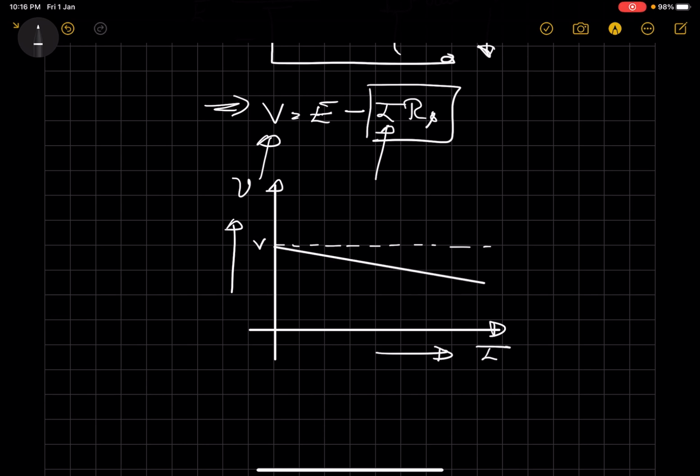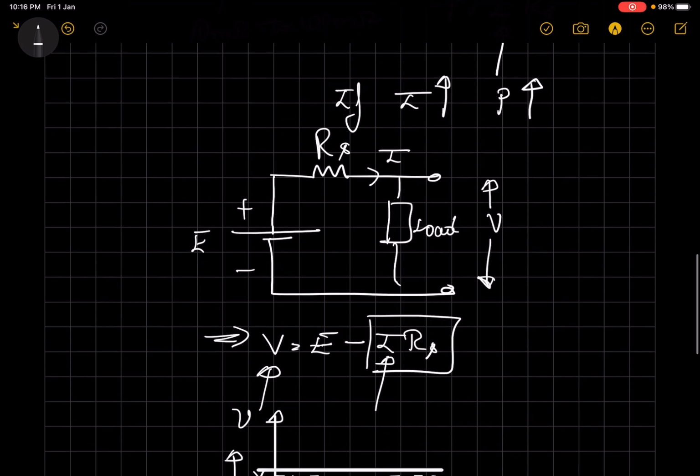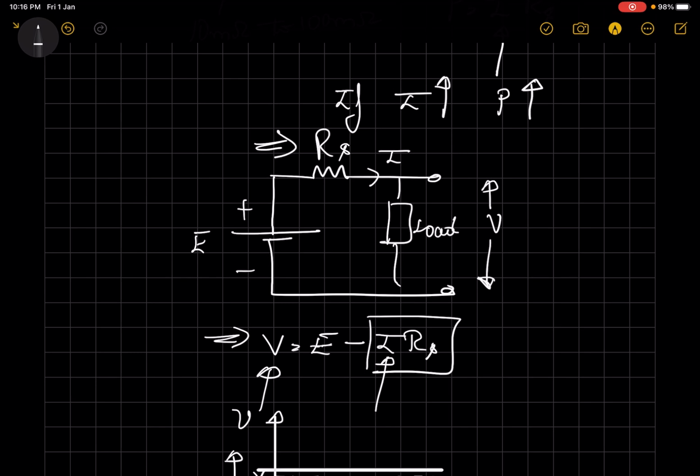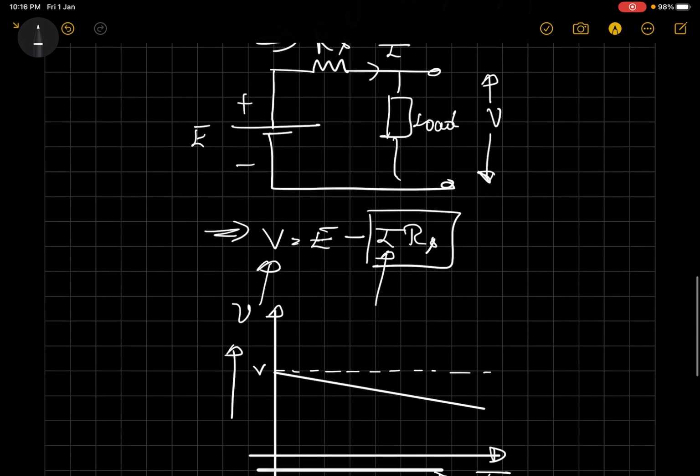This is also one of the important effects that is seen in a practical battery. And the Rs here increases naturally with the age of the battery. So you might have observed that an old battery might be giving a lower voltage. That's probably because the Rs has increased and the drop across the internal resistance is more now, and therefore the final voltage across the load will be less.